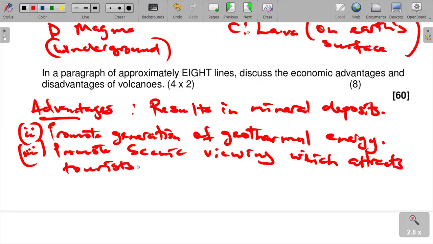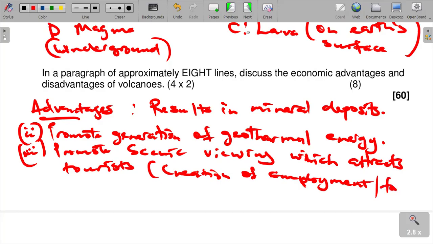When we talk about tourists, obviously we talk about creation of employment. We also have a source of income, foreign currency. The country earns foreign currency as a result of tourists. People would come and see the beauty of the landscapes that are formed from this.